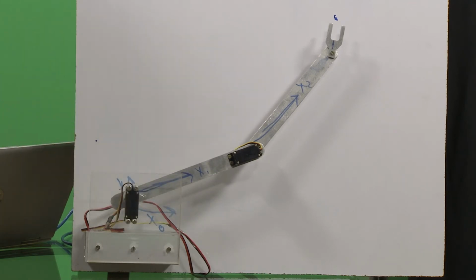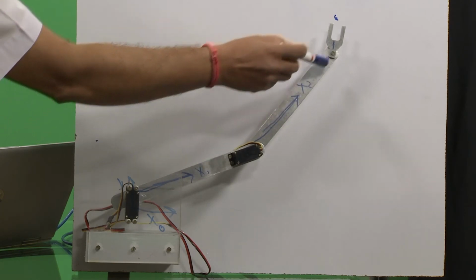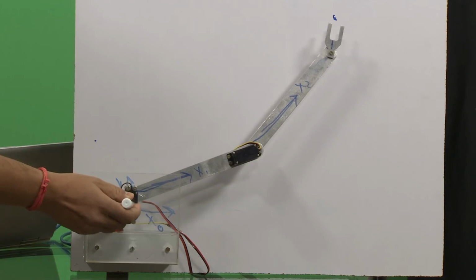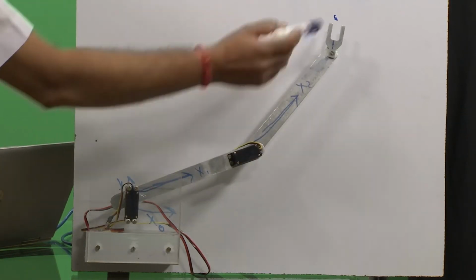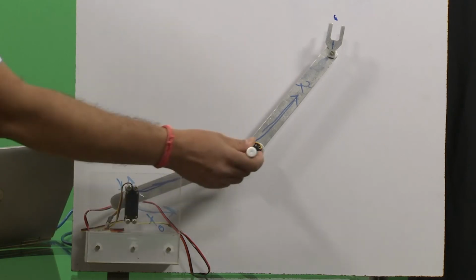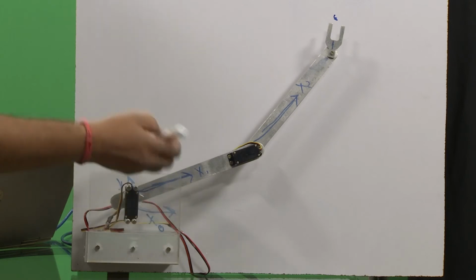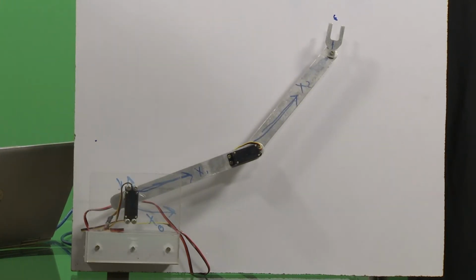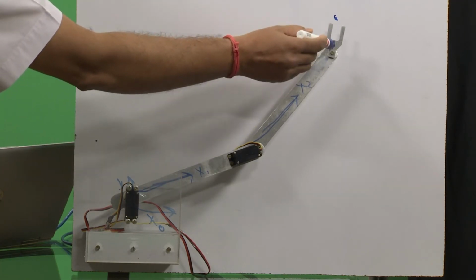So, my x1 is assigned here along the link, x2 is assigned along this link, and x3 is assigned along that link. So, we have 3 origins. The z axes are pointing outward like this, and the x axes are along the links: the first like this, the second along this link, and the third along that link also.